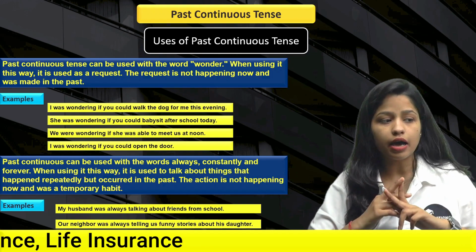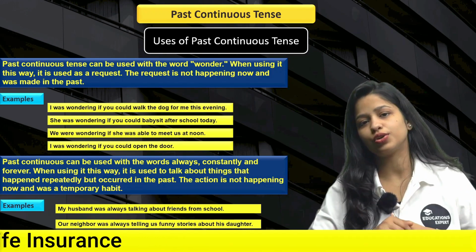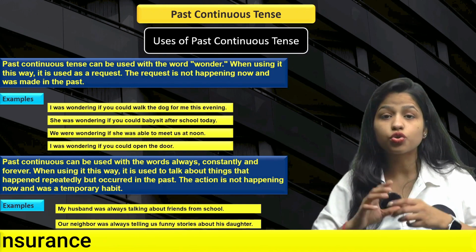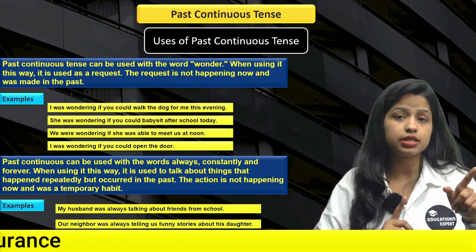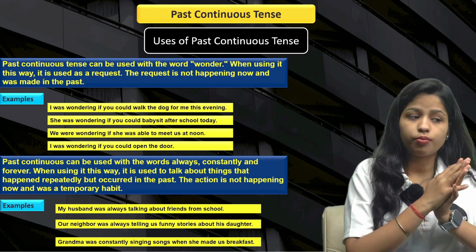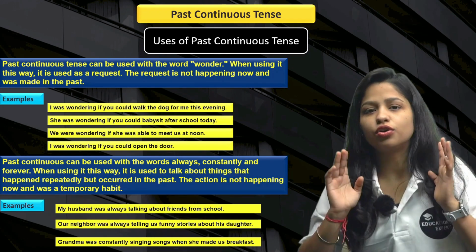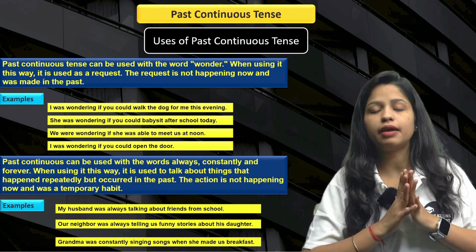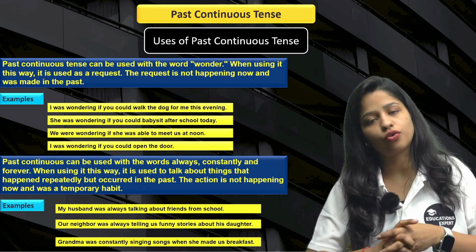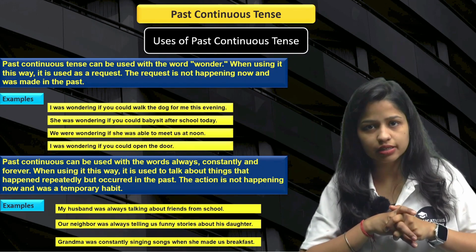Next up, our neighbor was always telling us funny stories about his daughter. Grandma was constantly singing, constantly plus past continuous, right? My grandma was constantly singing songs when she made us. So with this last use, I am hoping that every doubt of yours is clear and you have understood all the uses of past continuous tense.